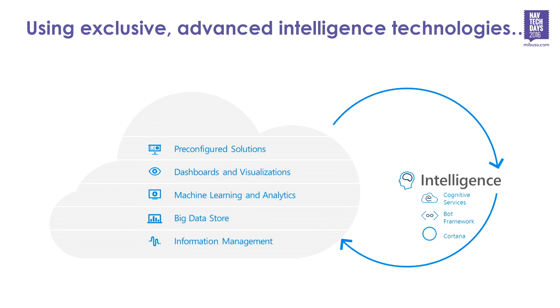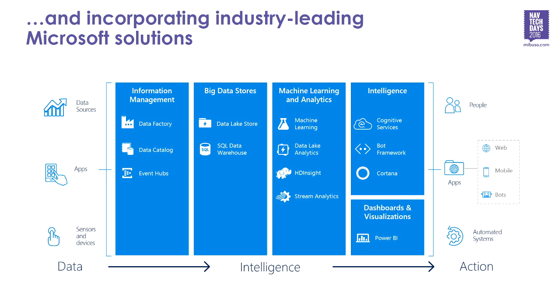There's the ability to store data in big data stores, not SQL Server, but for example, Azure Data Lake. And then the fun stuff starts up here. Machine learning and analytics are part of this. What is called Azure Machine Learning and Power BI is up here, dashboards. And finally, there are pre-configured solutions, one of which we've built into NAV 2017.